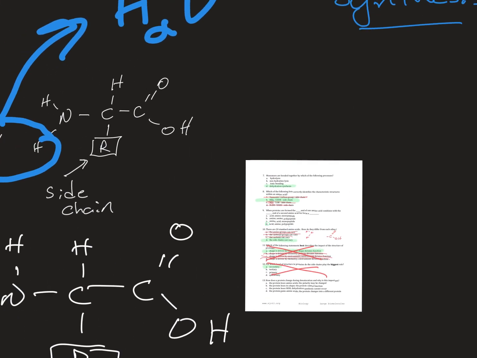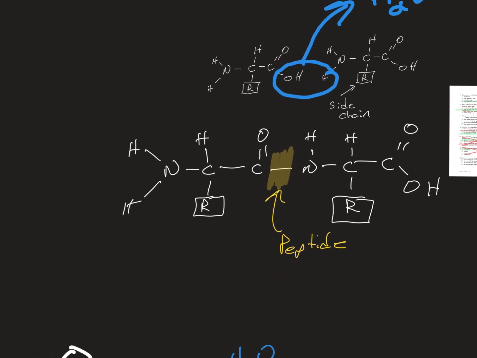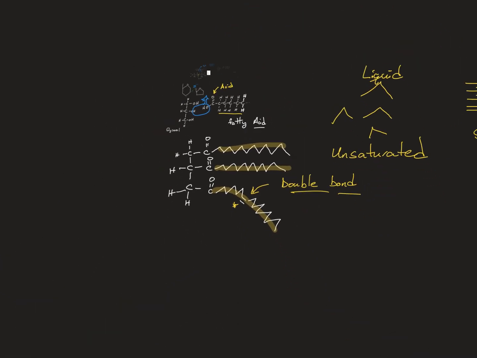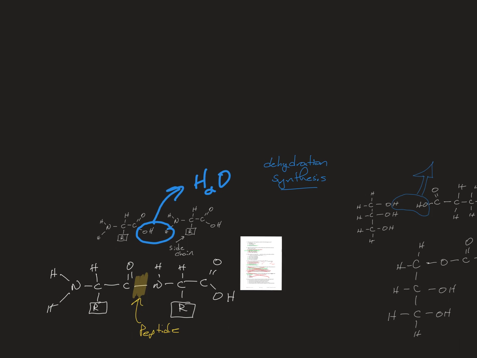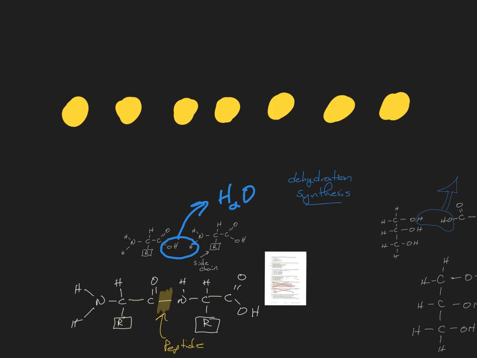So again, when we look at what we just drew, this would be a dipeptide, but if we connected a bunch of these together in a big long chain, I don't know if we still have that drawing here somewhere. No, I do not. But if I took a bunch of these amino acids, I drew them just like this with yellow dots just the other day, and we connect them together with these peptide bonds, we would call this a polypeptide because they have a bunch of peptide bonds.